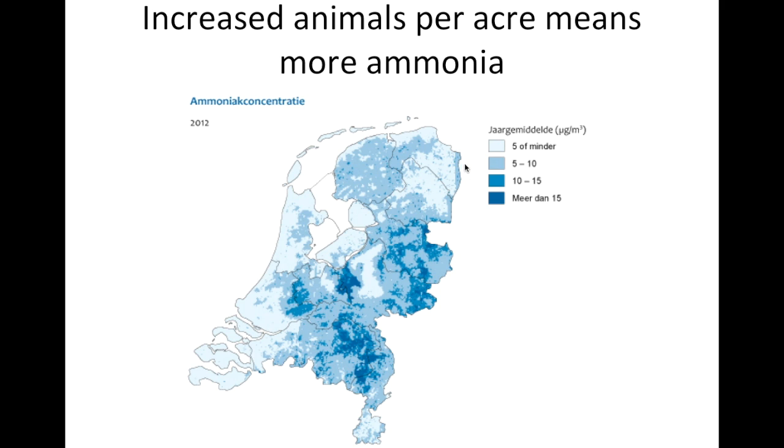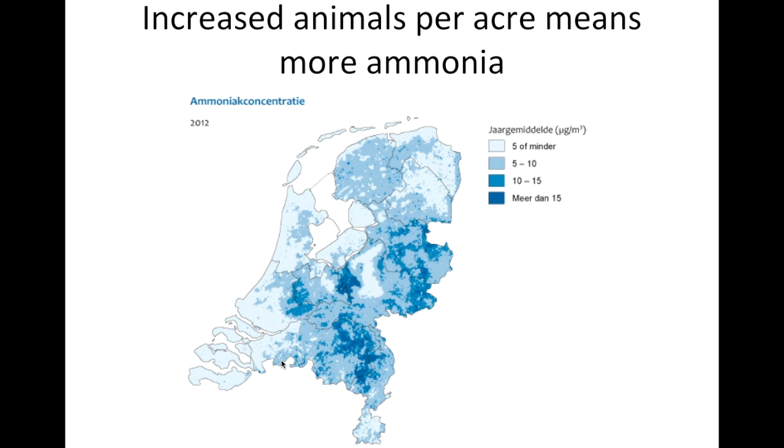And here you see a map of the ammonia concentration in the Netherlands. The areas that are darkest blue are basically, except this part, without exception, all areas where we have sandy soils.